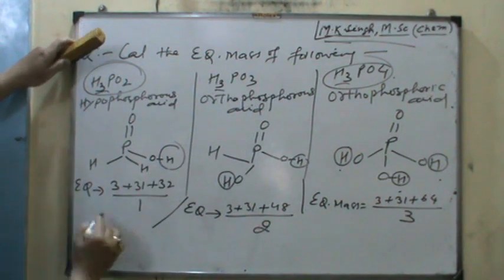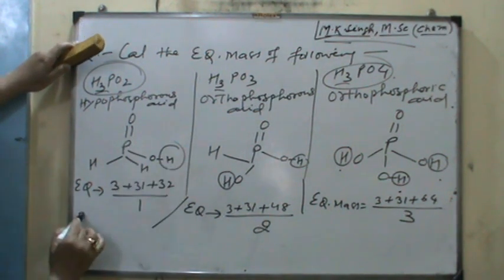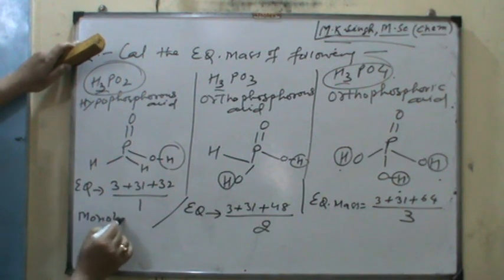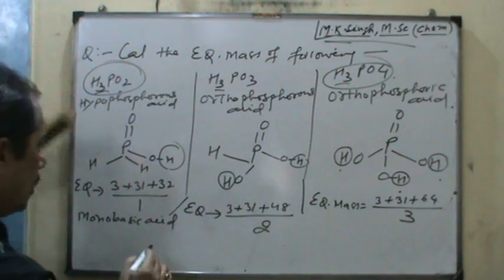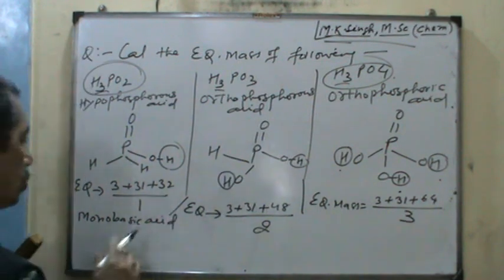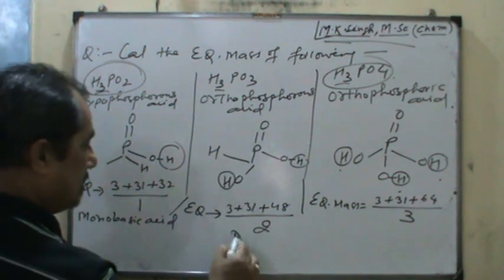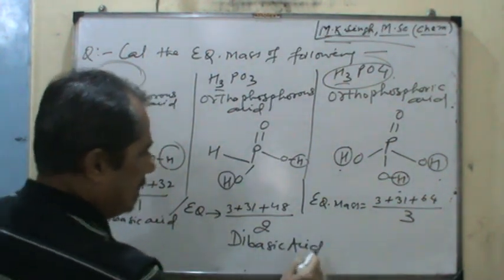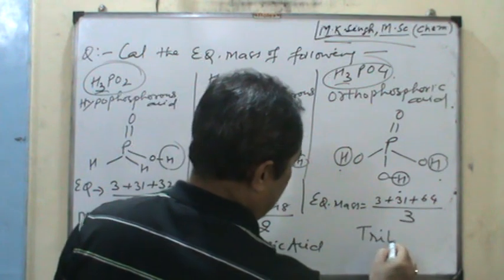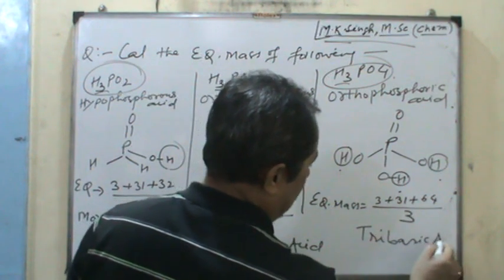The way you can calculate, so therefore it is known as monobasic acid. What is it said as? Monobasic acid. It is the dibasic acid, and it is the tribasic acid.